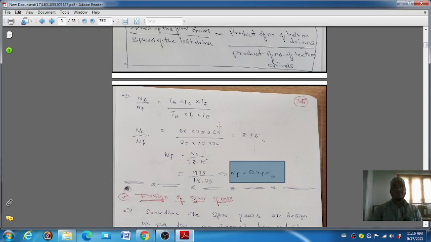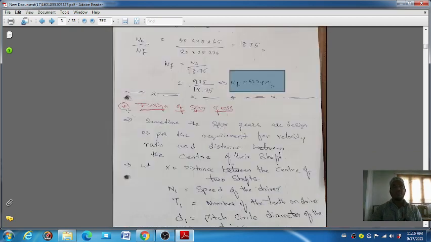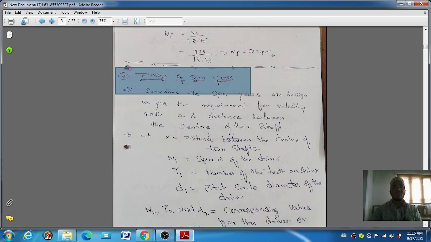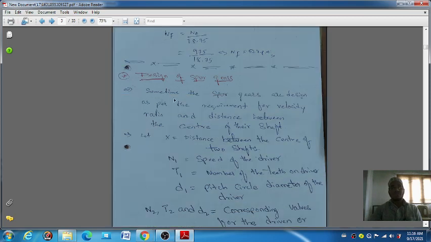The next is design of spur gear. Compound gear, spur gear, and rivet gear are the three basic important questions, and after that the main one is the epicyclic compound gear, sun and planet. Design of spur gear is nothing but that sometimes spur gears are designed as per the requirement for velocity ratio and the distance between the centers of the shafts.